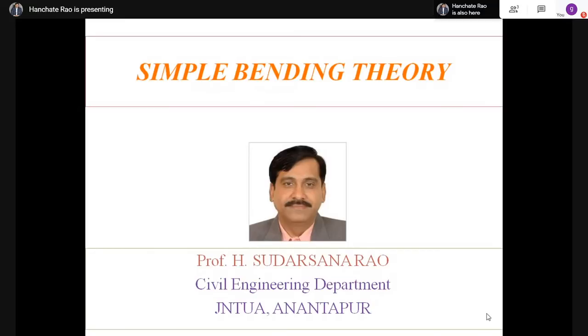Right upwards positive also you can take. You can take whatever sign convention you want to follow for shear force or bending moment. Right upwards negative is the sign convention acceptable to the majority of the countries in the world. That's why I proposed right upwards negative. But there is nothing wrong if you follow right upwards positive also. Only thing is, don't mix up the sign conventions within the same problem.